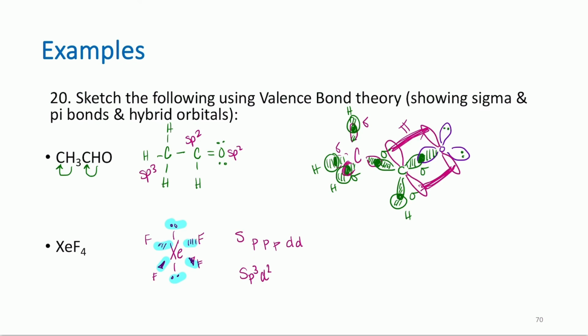So I have 6 orbitals that are equivalent off of that xenon. This is a lone pair, and this is a lone pair. And the xenon will head-to-head form a sigma bond overlap with the fluorine.